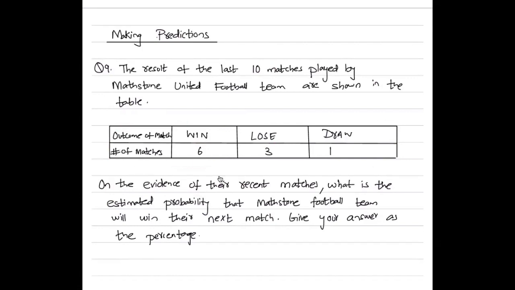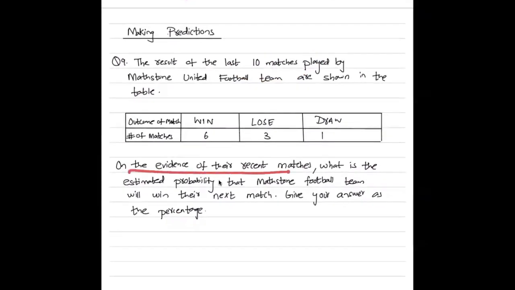So what do you think the probability of them winning the next match is? You're going to see how many matches they have played in total and how many they have won. So on the evidence of the recent matches, we are going to find the relative frequency of winning.